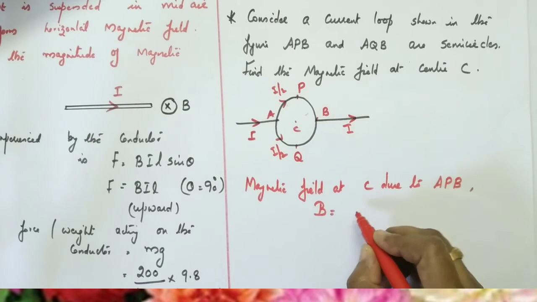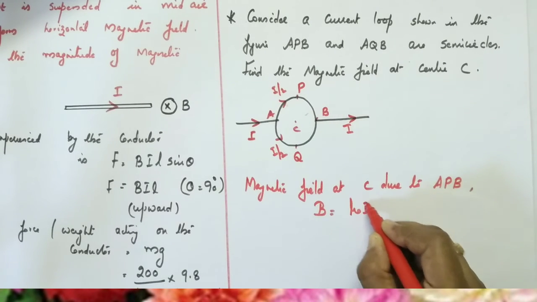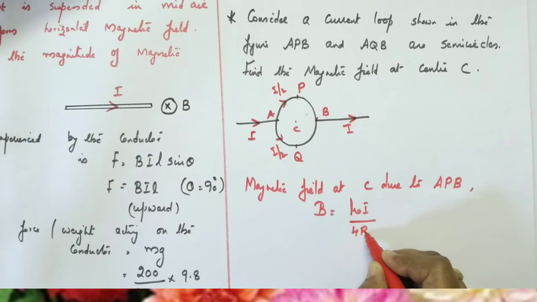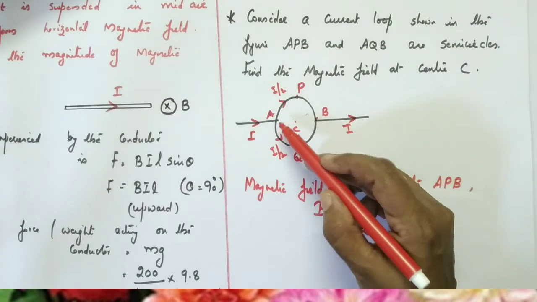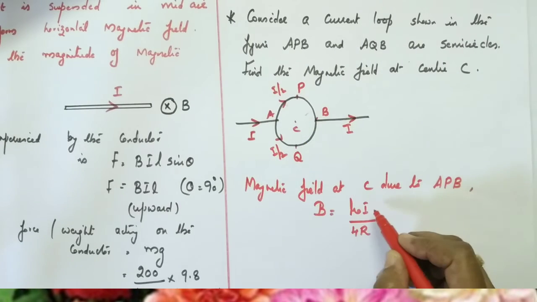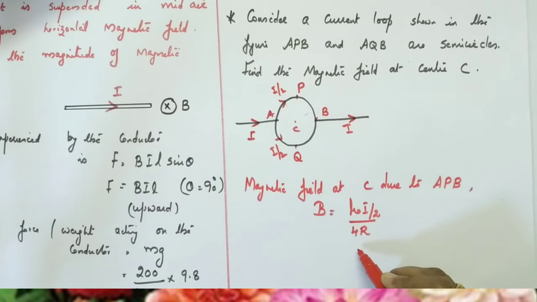Since it is a semicircle, it is mu 0 I divided by 4R, where R is the radius. But here the current flowing through the semicircular arc is I by 2.